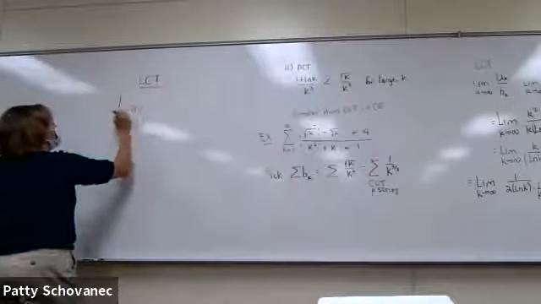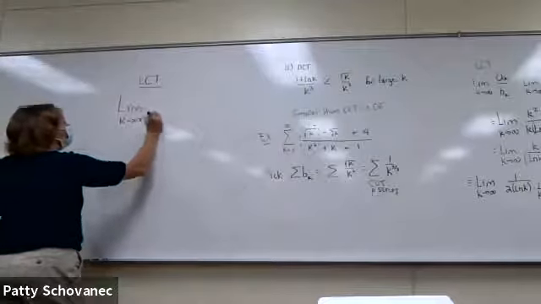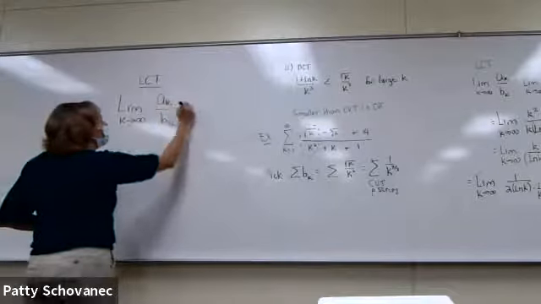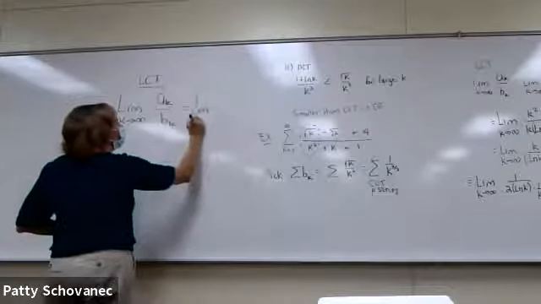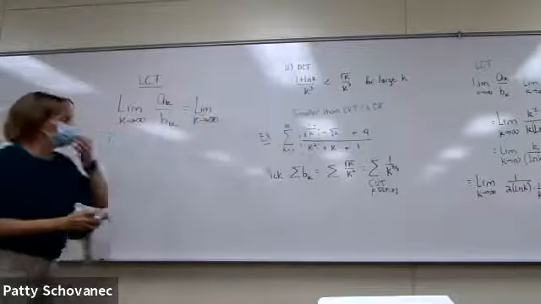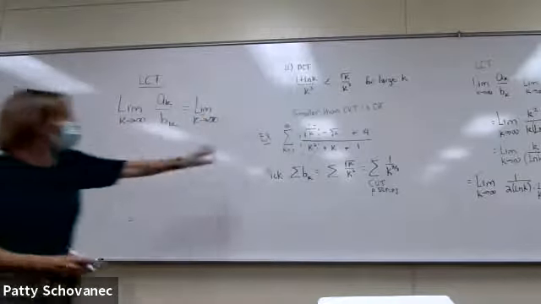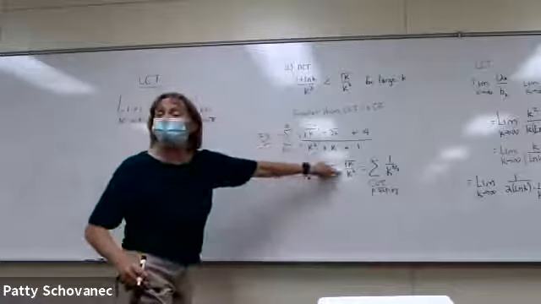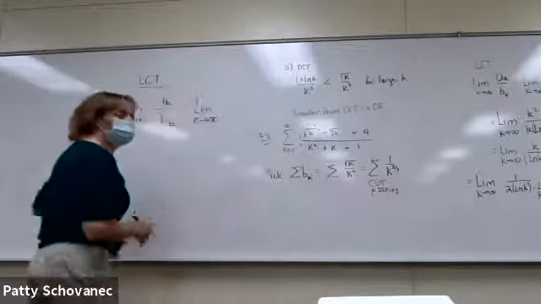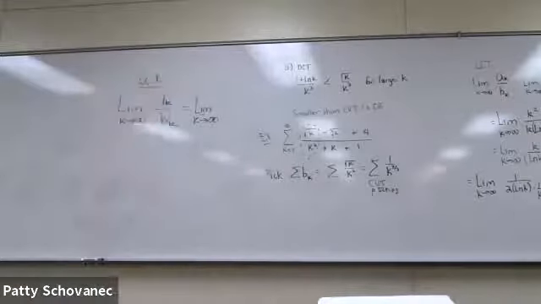Limit as k goes to infinity. So I got all of this. I'm going to divide it by its unsimplified form, so it's easier to take the limit. Let's see if I can get this out of your way.